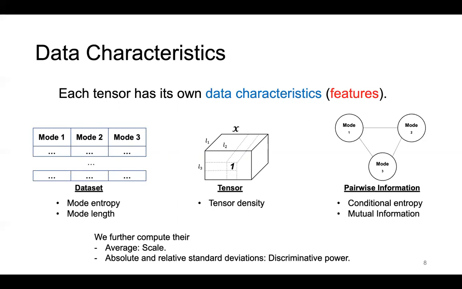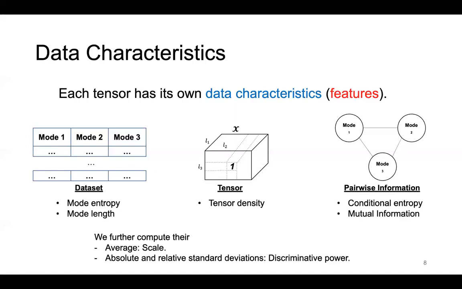In this tuple data set, for each mode, we can compute its mode entropy and its mode length. And the second representation of this data could be the tensor. As we mentioned before, the tensor can be generated from our raw data set. So once we get this tensor, we can compute the tensor density as another feature.